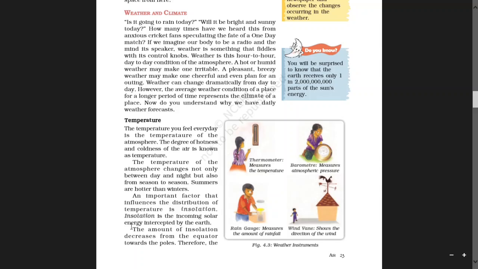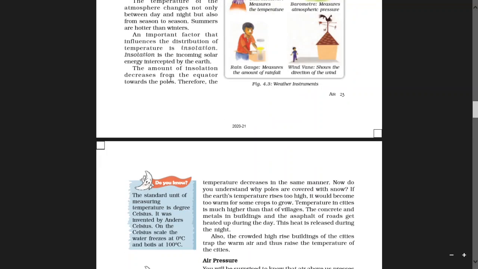The amount of insolation decreases from the equator towards the poles. Therefore, the temperature decreases in the same manner.